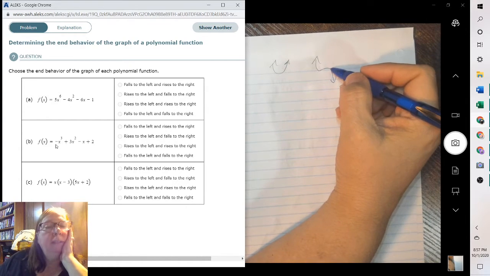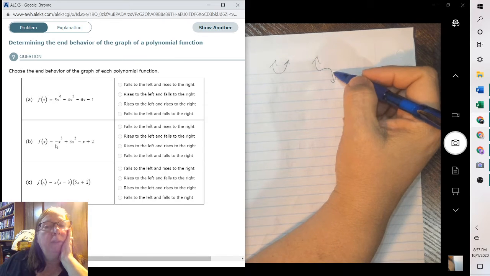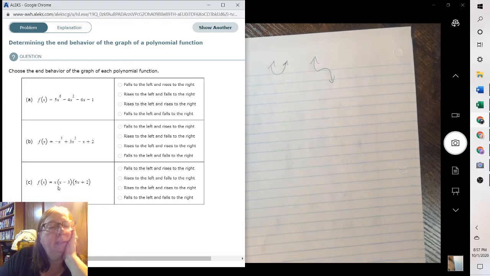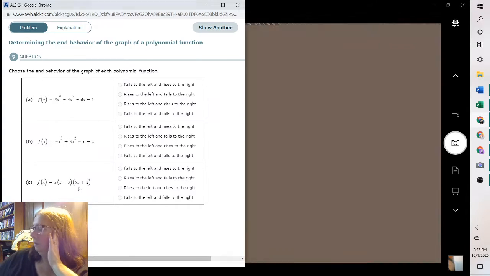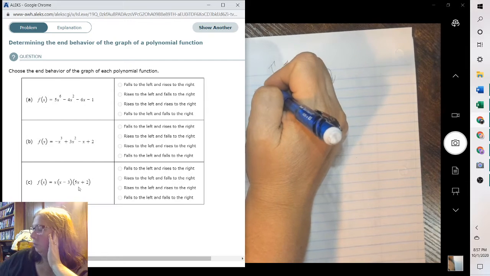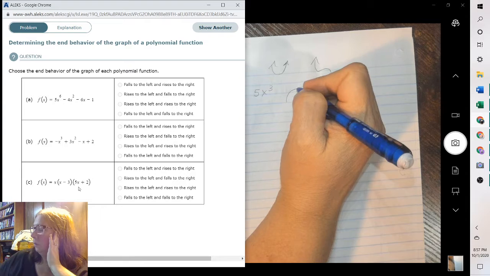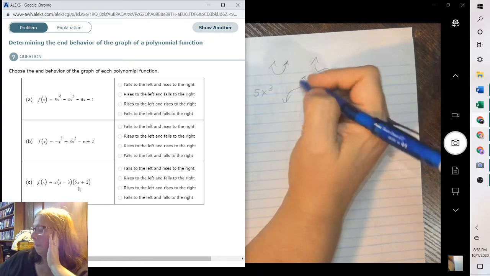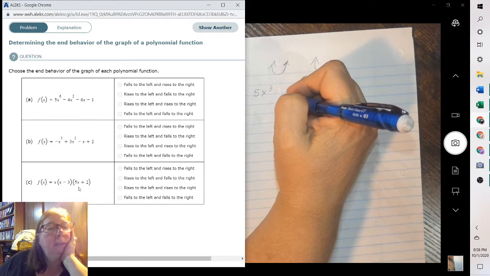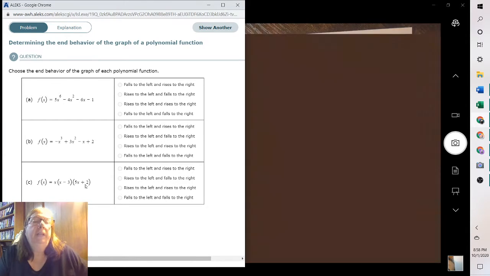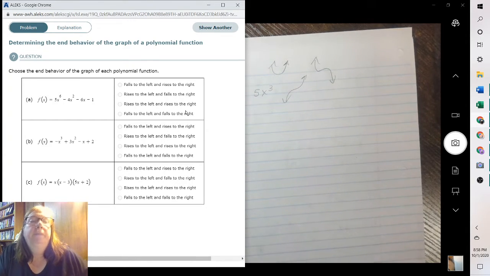So it rises on the left and falls on the right. The last one, we have x times 5x, which is 5x cubed, which means it's a snake. This is positive, so it's going up. And so it falls on the left and rises on the right. It would be the first one.